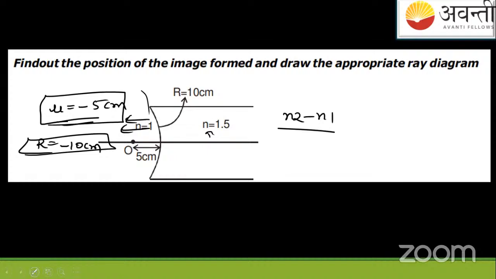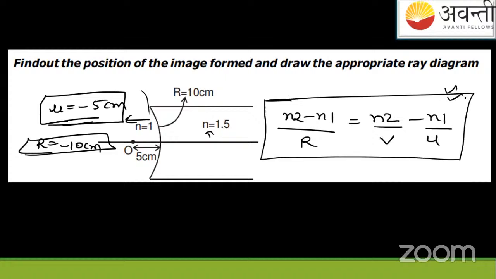Let me rub this because this arrow is creating a problem. n2 upon v minus n1 upon u equals n2 minus n1 upon the radius of curvature. Solve this and get the answer. Solve it fast, students.